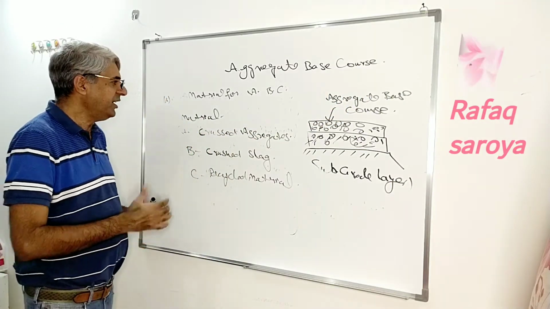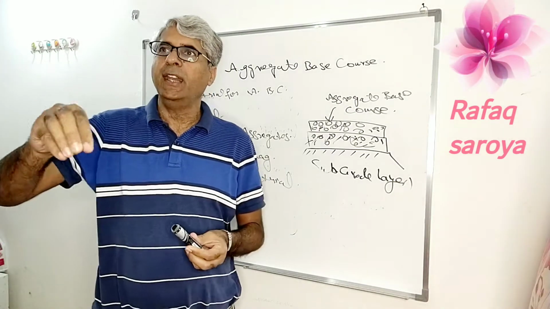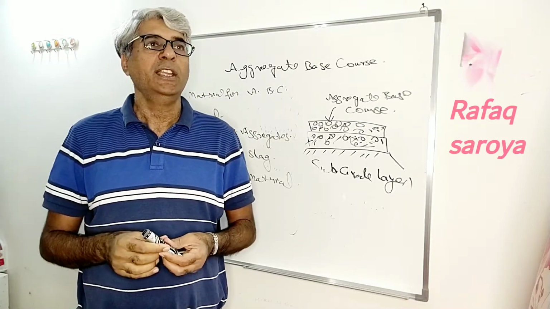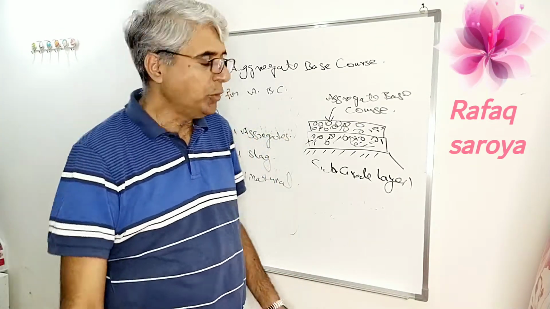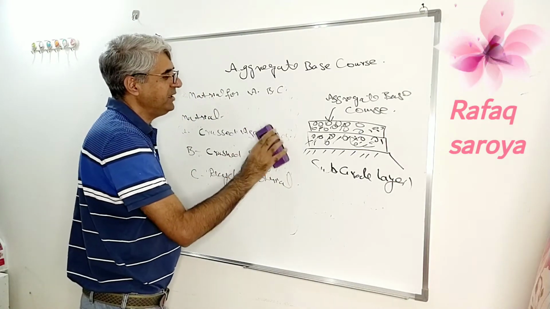Now this material which we have mentioned, which we have blended, we can accept it if certain conditions are satisfied, if certain properties are satisfied. So what are those properties? Now let me explain to you further the properties of this material.